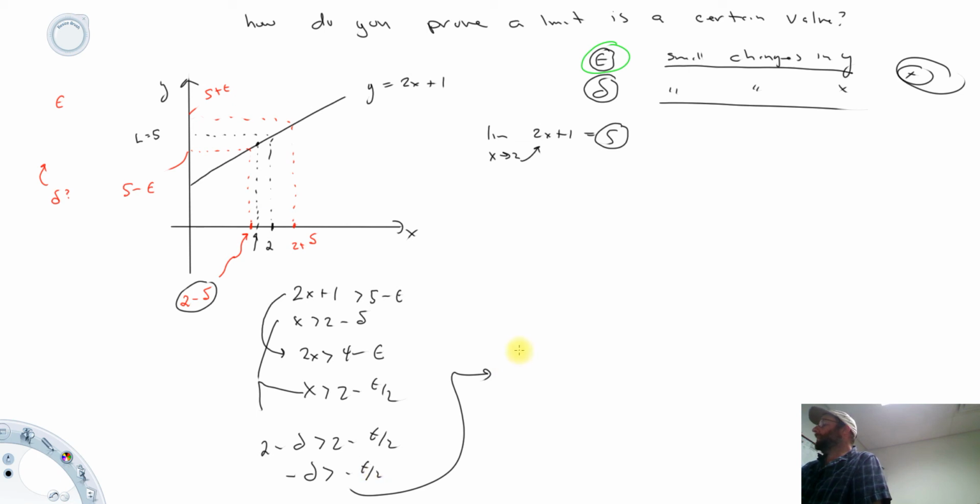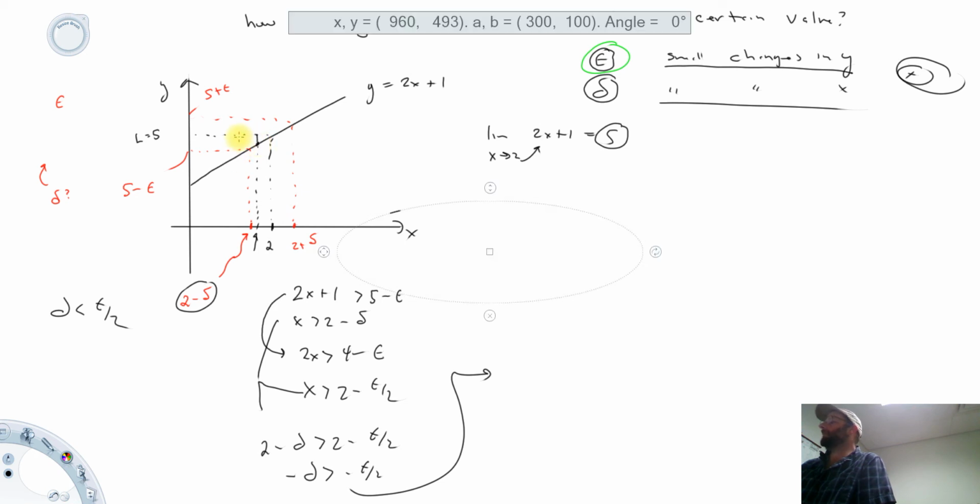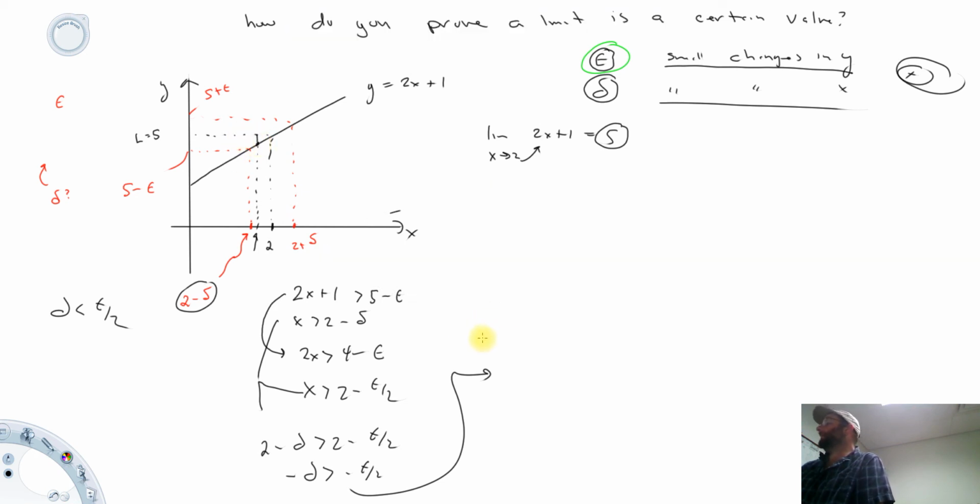Dividing the minus sign out, we get delta less than epsilon over 2. Okay, so what we have here is a delta on one side of that equation. I'm going to take this now and store this. Any delta less than epsilon over 2 will mathematically absolutely guarantee that our function will be closer to the limit, meaning up here, not down here, than the 5 minus epsilon.